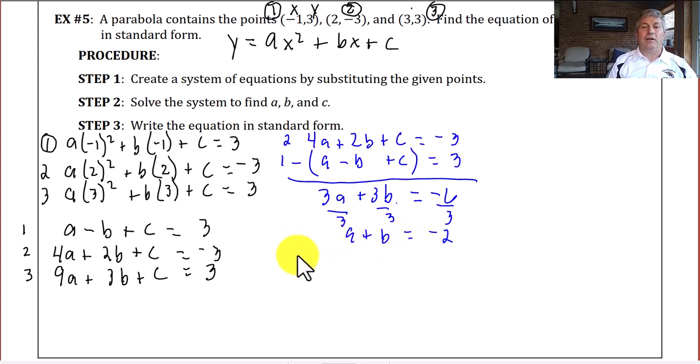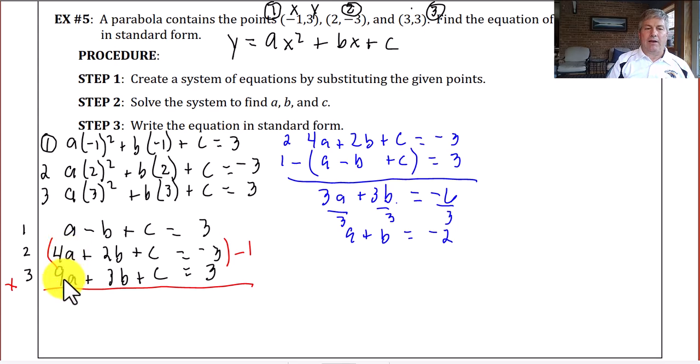So now I have a new equation in 2 variables. So now I need another equation in 2 variables of a and b. So I'm going to drop out c again, and it looks like I'm going to use equations 2 and 3 and drop out c again. So if I multiply equation 2 by -1 and add it to equation 3, that's the same thing as subtracting 2 from 3.